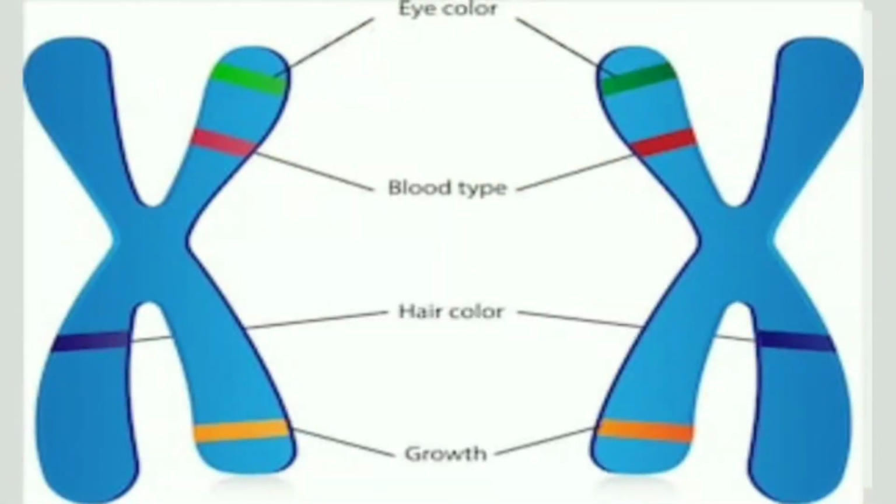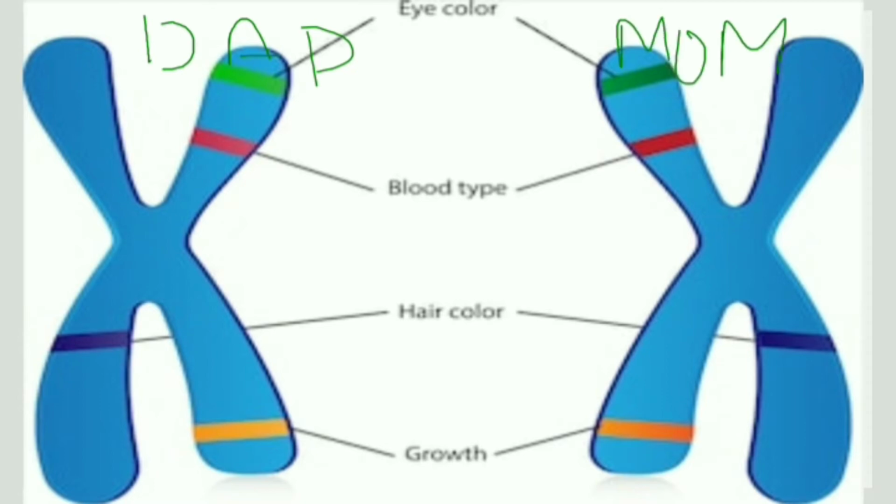So let us take an example and explain what is homozygous and what is heterozygous. Consider this chromosome from dad and this chromosome from mother. So this is dad's and this is mom's chromosome. A gene has two or more alleles. Suppose the gene responsible for blood type has two alleles.